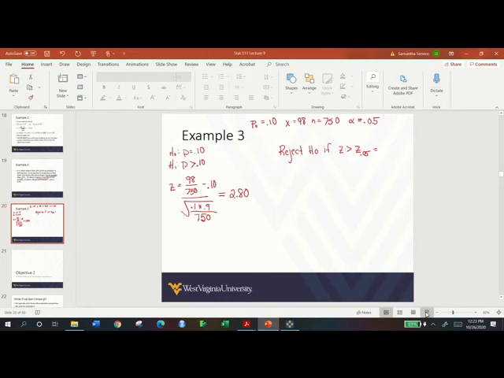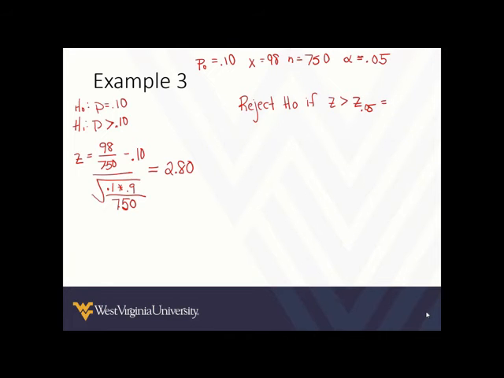So now we can go back to our slide, and we have 1.645. Comparing, we have 2.80, which is indeed greater than 1.645. Therefore, it is safe to reject the null hypothesis.